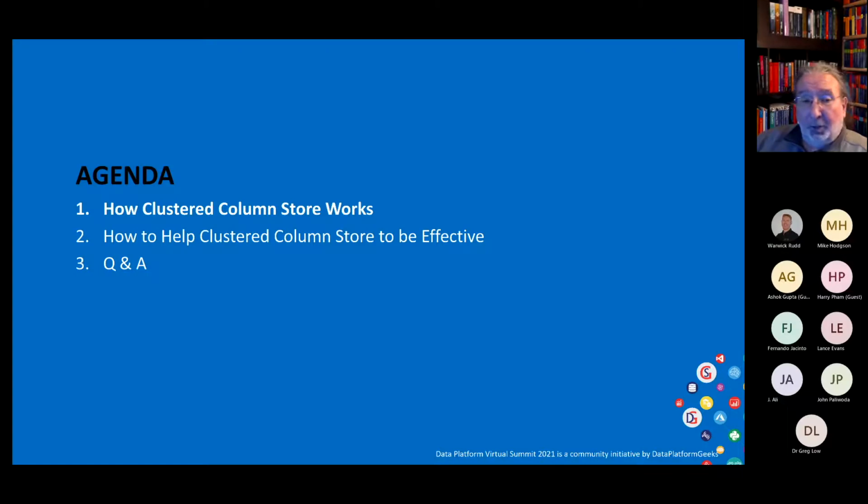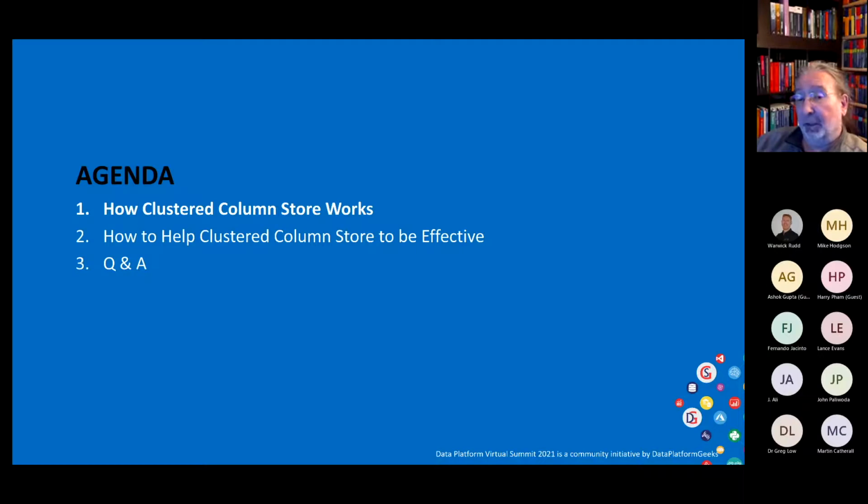So today we have a very short agenda. I will briefly explain how column store works, and then I'll talk about how to help clustered column store be more efficient. It's one of these many things that Microsoft put into SQL Server that just work. But if you do a little bit more work, it works way better.